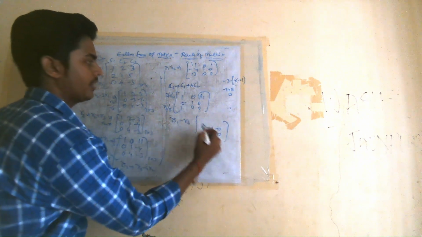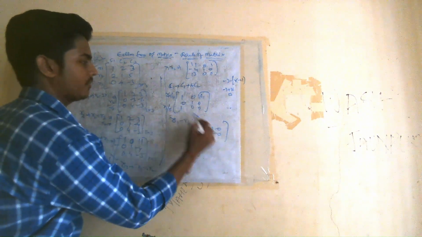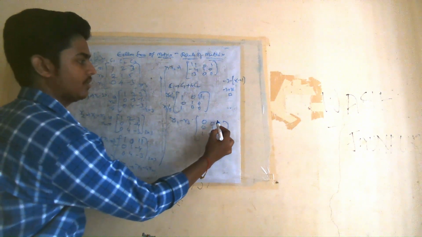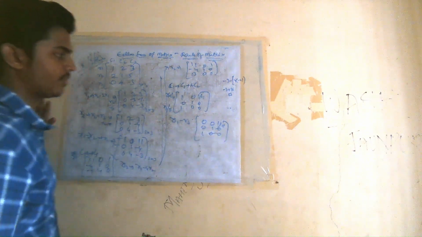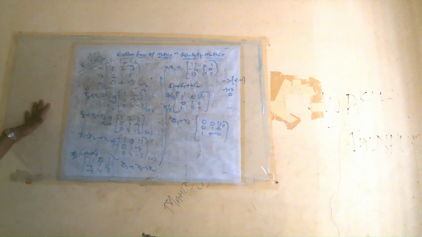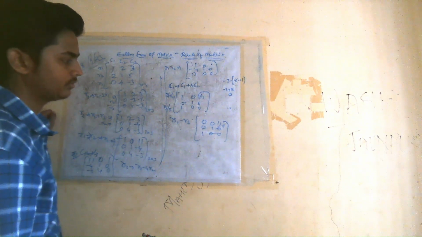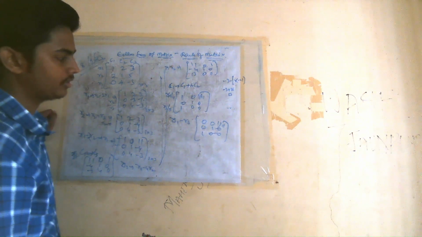This is the same. And here if I subtract 1 minus 0 is 1 minus 1 is 0. Again this is 0. This is 1 by 11 as it is. Okay. So I got this kind of thing.